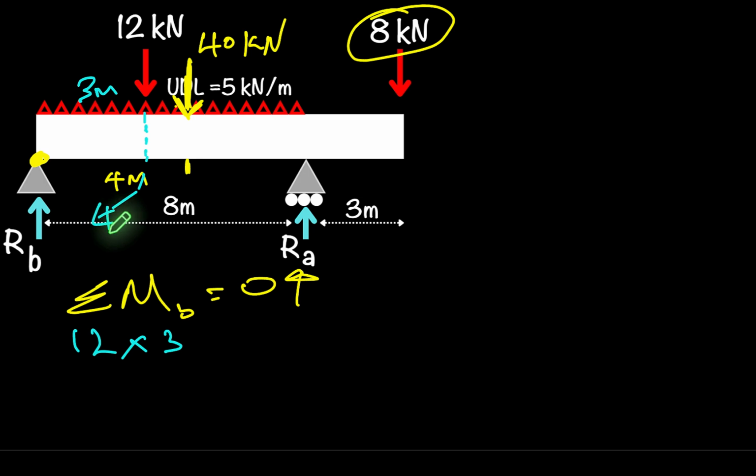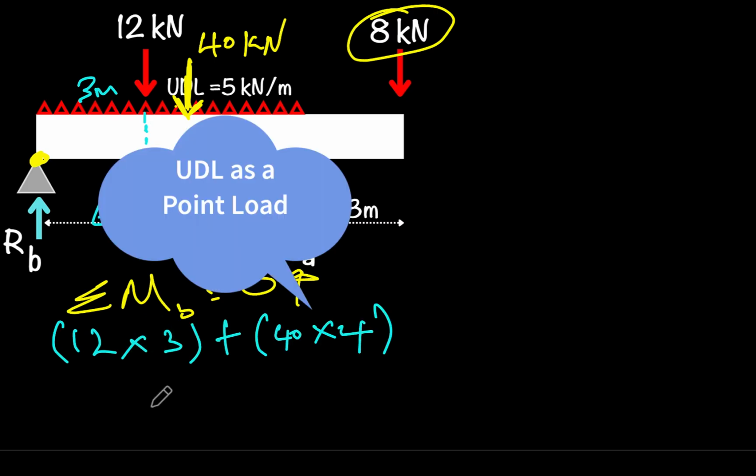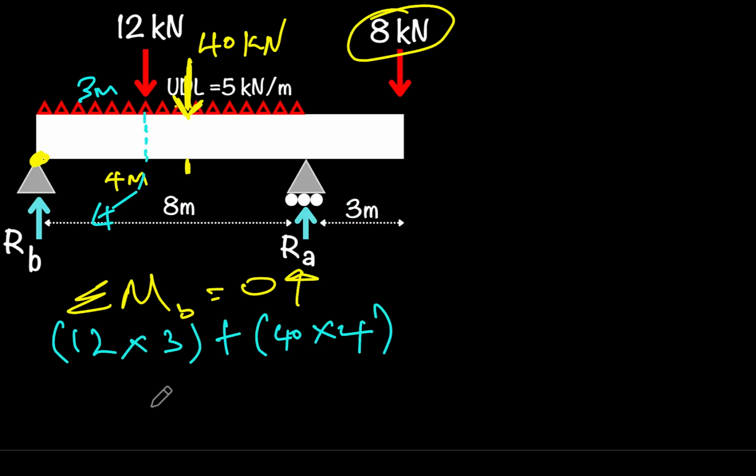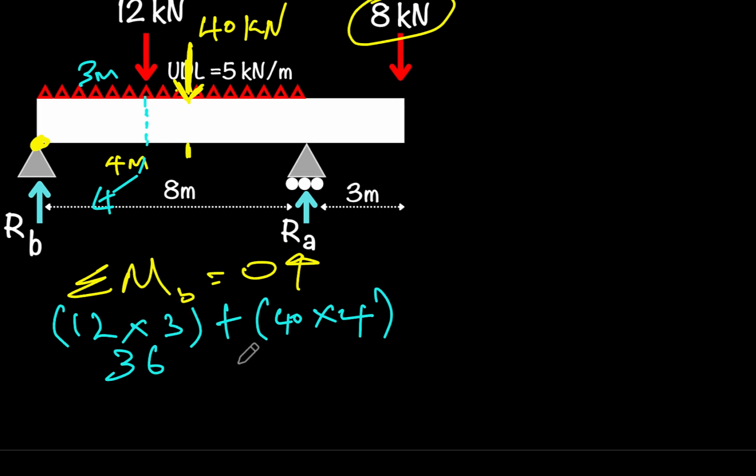If we go across now to the next dimension, we have that 40 kilonewtons acting 4 meters from RB. Now, as I'm doing these, I'm just going to input the total as we go. So the 12 times 3 is 36, and the 40 times 4 is 160. And we'll add the units at the end.